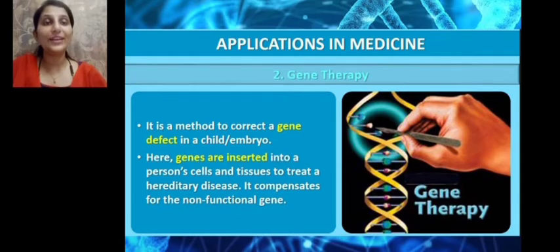So these hereditary diseases are controlled by corrective genes inserted into the person's cells and tissues, which compensate for the non-functional gene. A defective gene is non-functional, so when the defective gene is removed and a corrected gene is inserted, the non-functional gene is compensated.